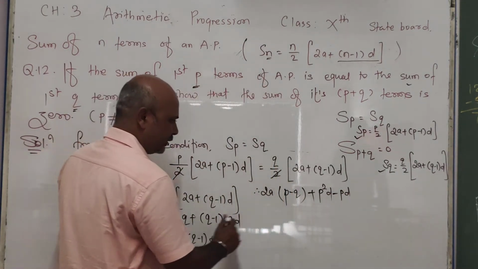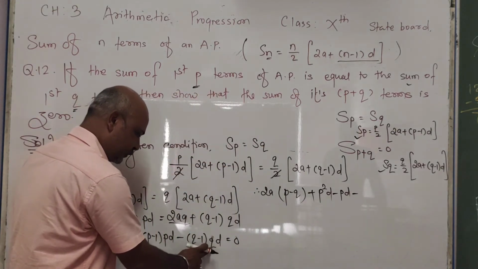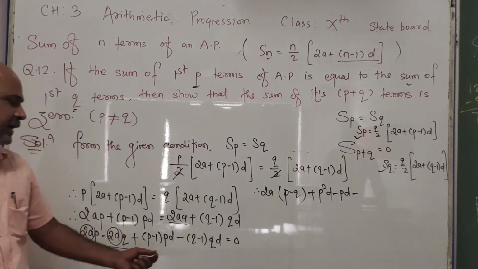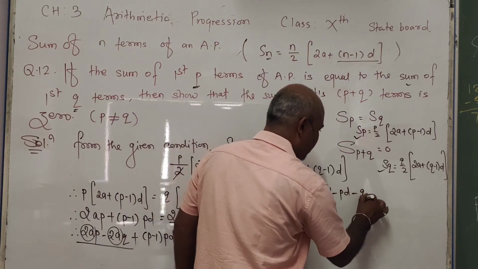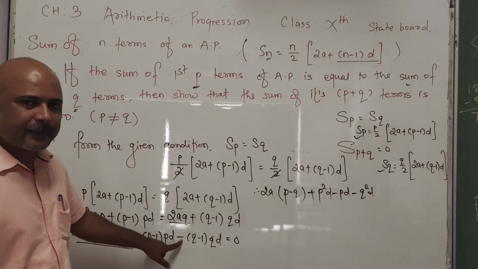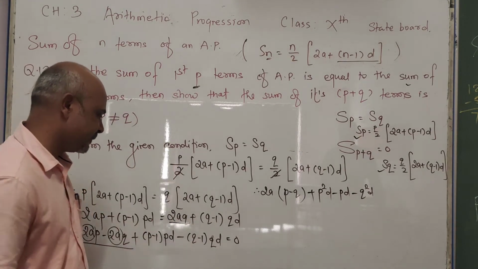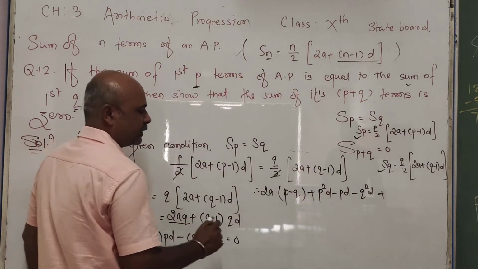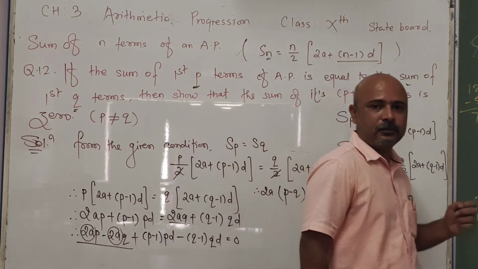Here is minus, student, so write here minus qd into q, so q into q is q square, and then d, so minus q square d. And because of this minus, when you open the bracket, minus becomes plus, so write here plus qd into 1. So qd into 1 is qd, and this is equal to 0.